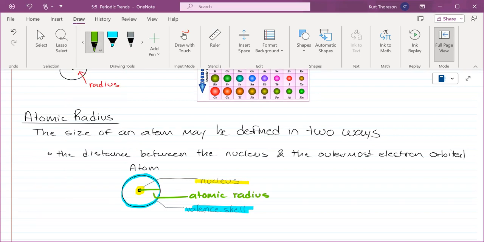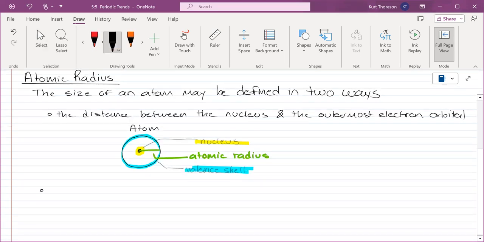So that's pretty straight up. The outermost energy cloud or electron cloud to the nucleus, that's the atomic radius. That's one way to determine the atomic radius of an atom.